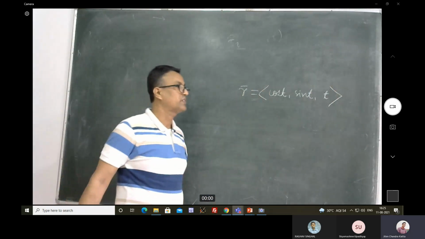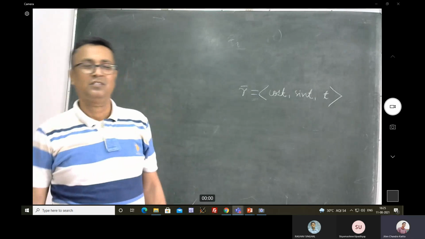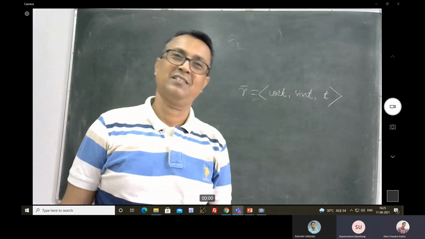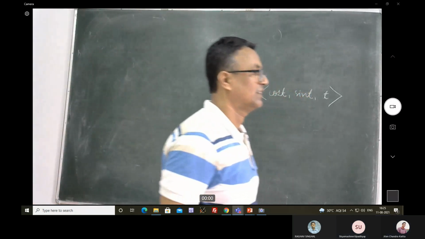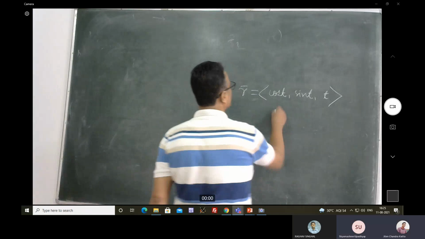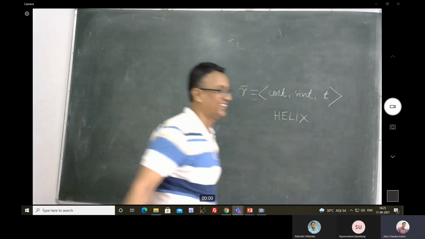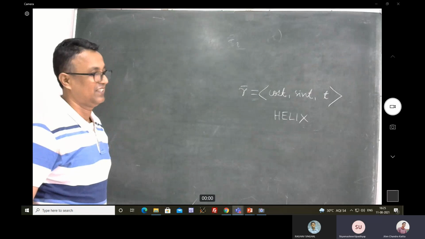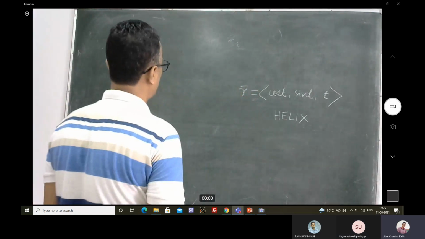This vector represents which curve? Not a circle. Cylinder. Helix. Okay, helix. I did it some three classes ago.